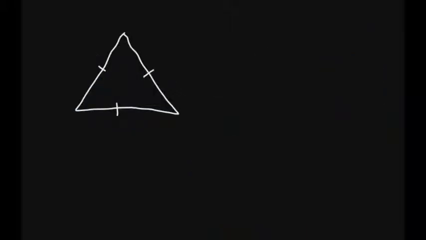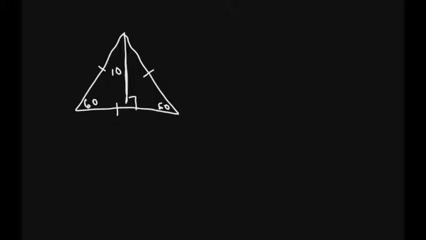Alright, so let's apply what we just learned. I have an equilateral triangle there, and I'm going to give you the altitude of 10. Because this is an equilateral triangle to start with, I know all the angles are 60. When I put the altitude in there, I create a 90.